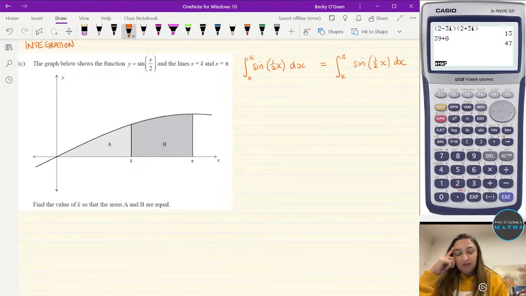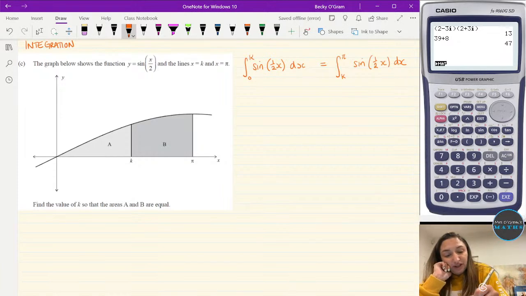Okay, now integrating sine, I'm just going to double check the formula sheet. So I've got lots of windows open. Let me just find the right one. Okay, because I can never remember whether it goes to positive or negative. Always have to check the formula sheet. So sine integrated goes to negative cos.